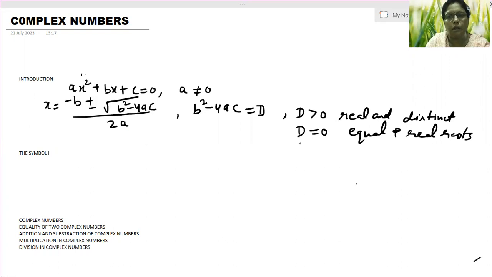And if you recall, when D is less than 0, then you were told that roots are not real. But आपको ये कभी नहीं बताया गया कि if the roots are not real, then what type of they are.